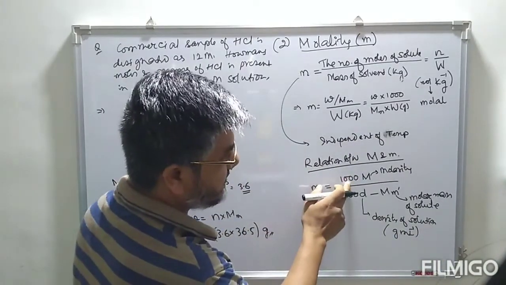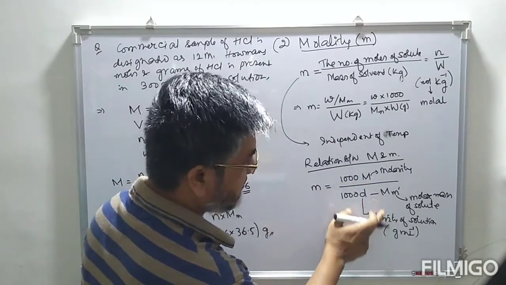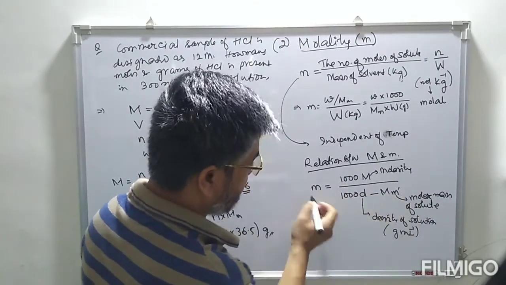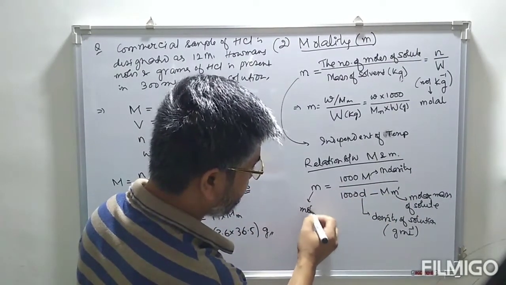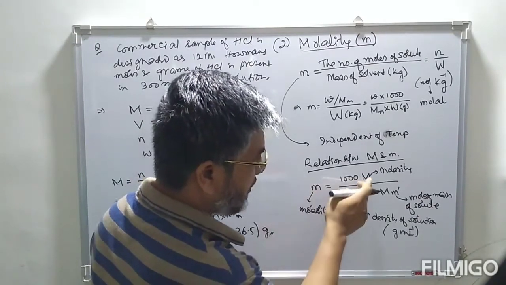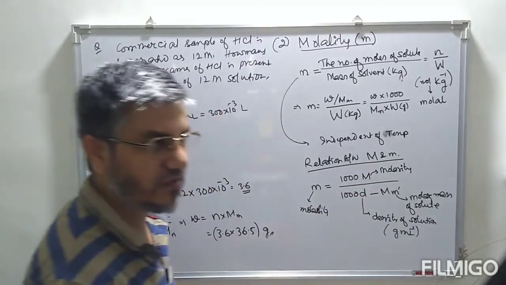So 1000 times molarity divided by 1000 times density of solution minus molarity into molar mass of solute is equal to the molality. So we can convert molarity into molality and molality into molarity, provided we know the density of the solution.